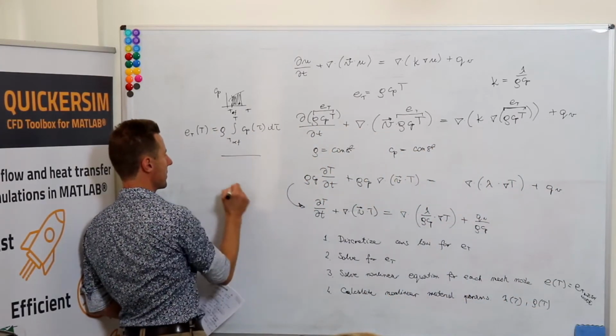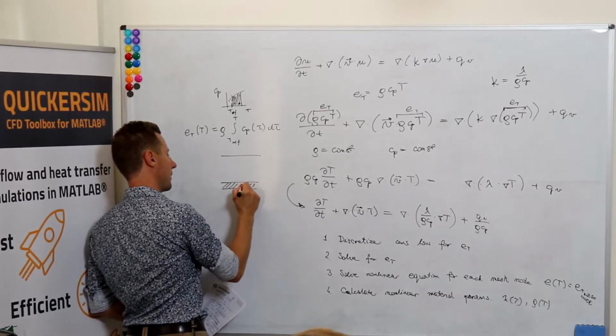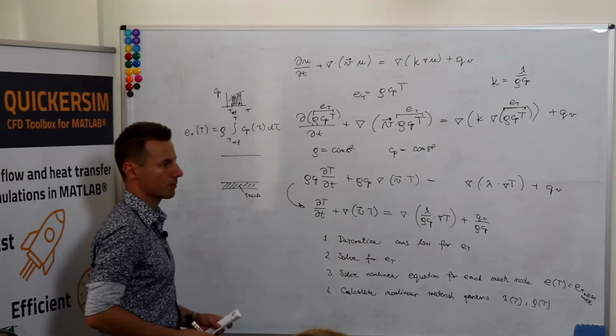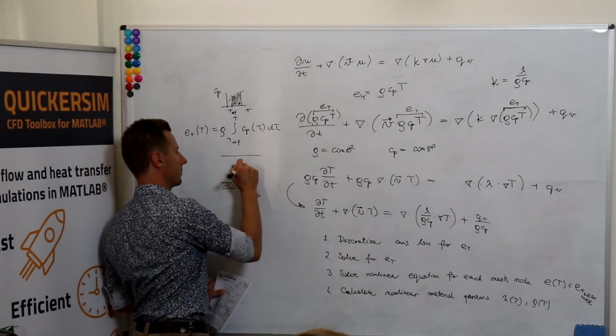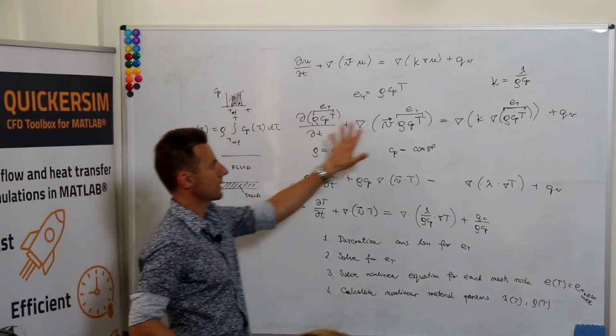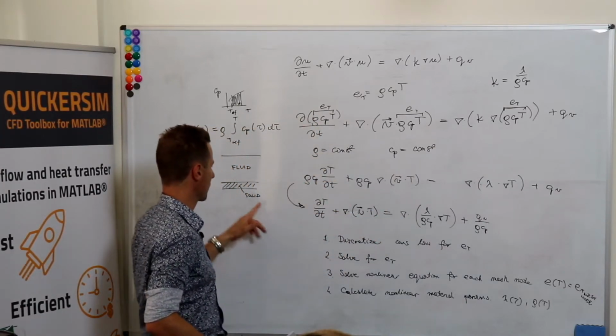what happens, and this is the question to you, what happens if we've got two phases? We've got some solid part of the domain and the fluid. And you are trying to solve this equation, or even simplified form, whatever, energy or temperature.